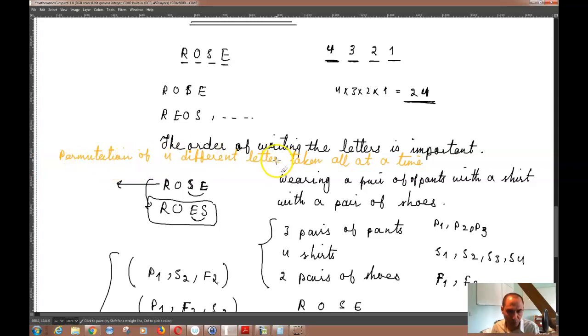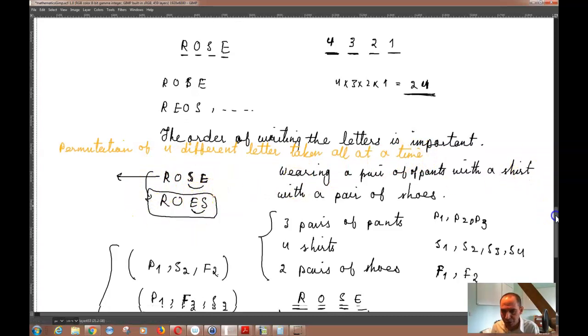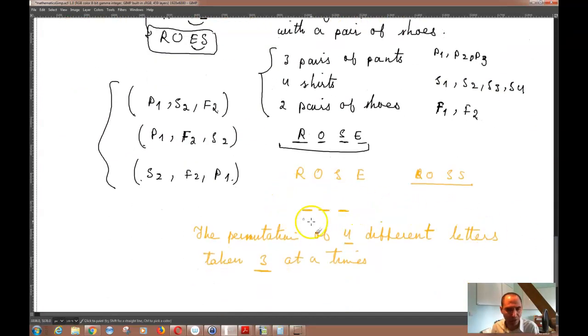And then of course, to be more specific, I can say the permutation of 4 different letters, and the letters are different, so I call it 4 different letters, taken all at a time, meaning taken all the 4 at a time. Over here I can say, for example, taken 3 at a time.